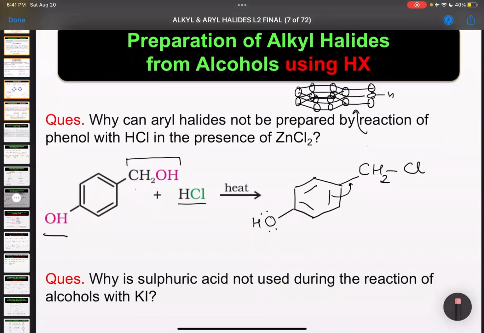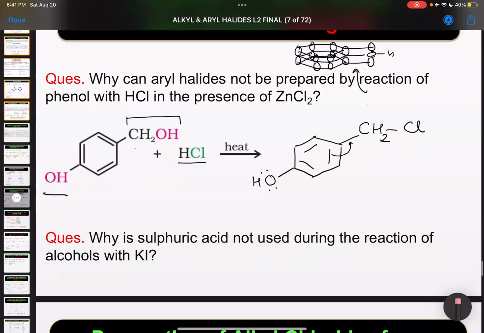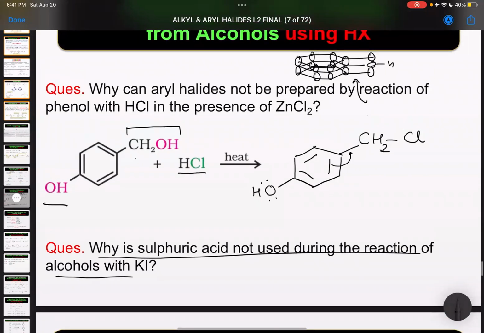Yes, sir. And this question is also very, very famous. So just now we discussed, suppose you want to make alkyl iodide out of alcohol, ROH, you need to take ROH plus HI. But HI you can't have in your lab, because it gets oxidized even by the air.